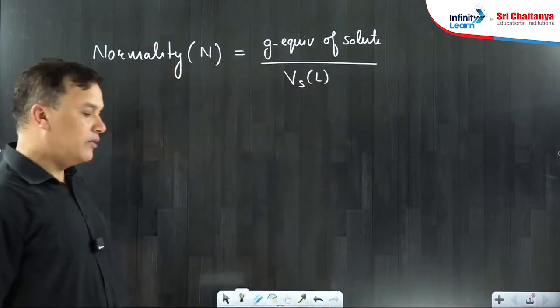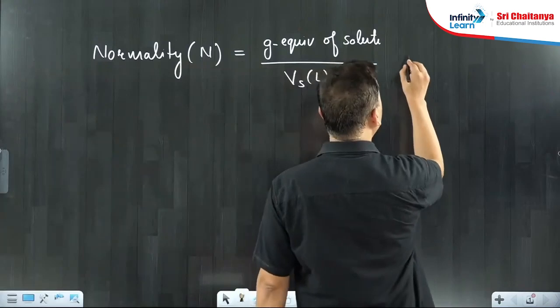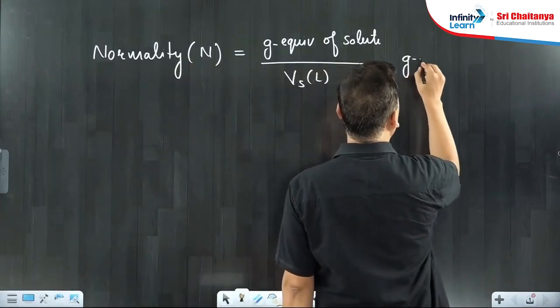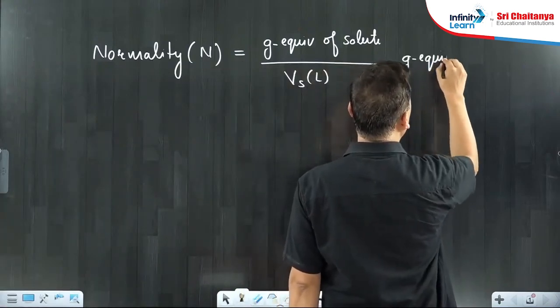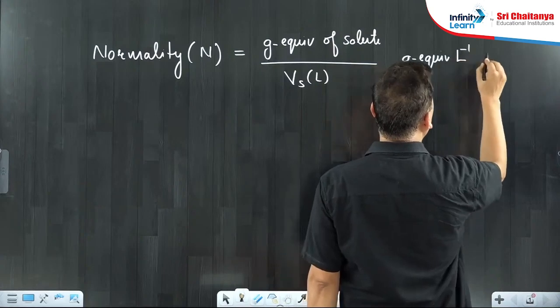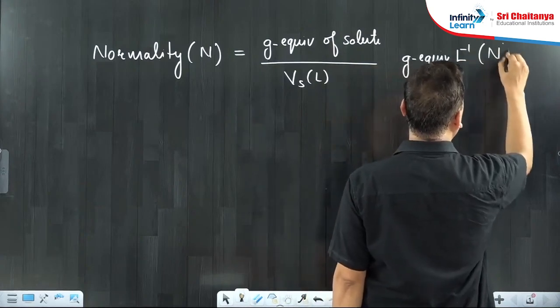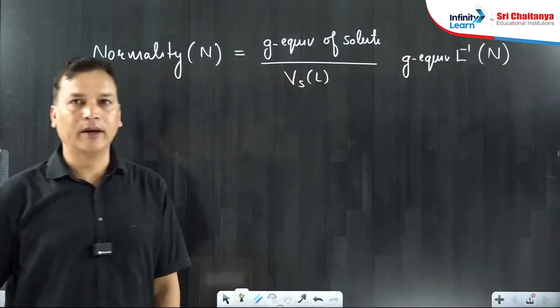So dear student, what will be the unit of normality? That is gram equivalent per liter, or simply capital N. That is the unit of normality.